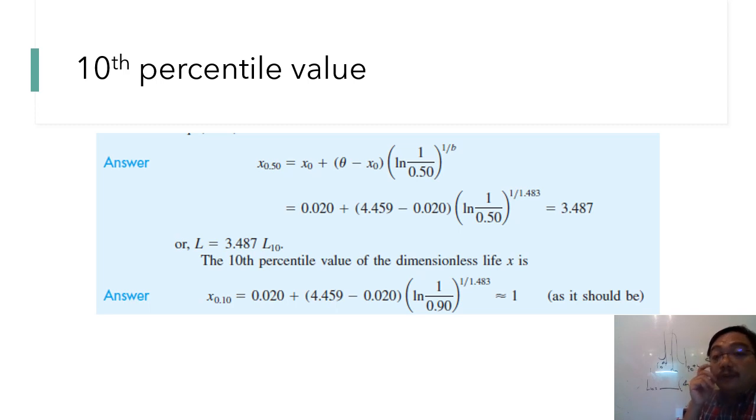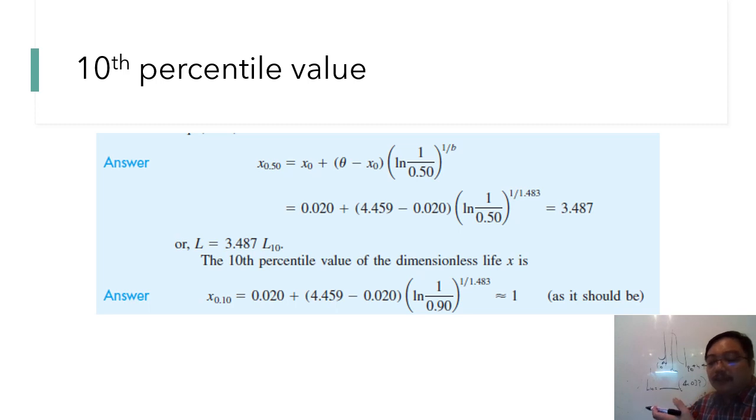The 10 percentile value and the 50 percentile value: the 50th percentile value x0.5, you get 3.487, and then the 10 percentile value is equal to 1. Of course, from the graph, the 10 percentile is the safe value.